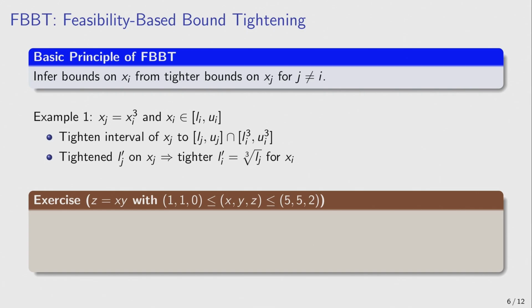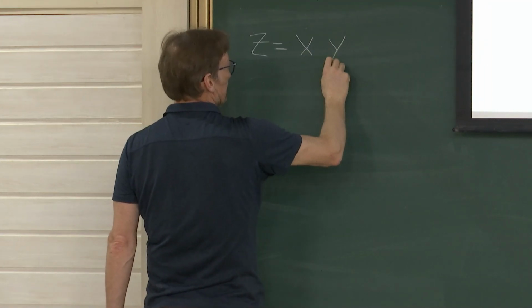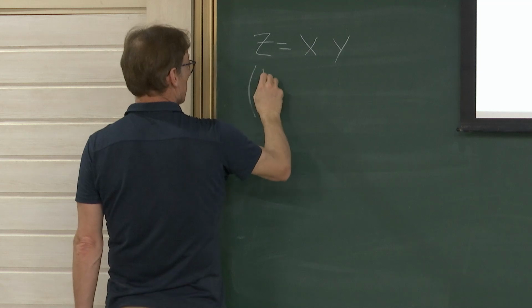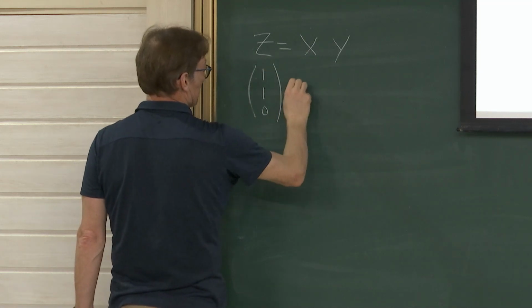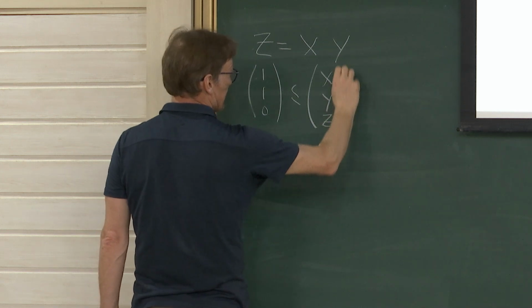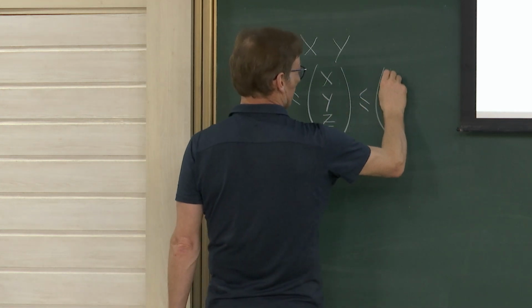Okay, so here's a little exercise. Given our old friend, the bilinear function, with the following bounds. So z is x times y, and the lower bounds for x, y, and z are 1, 1, 0, and the upper bounds are 5, 5, and 2.